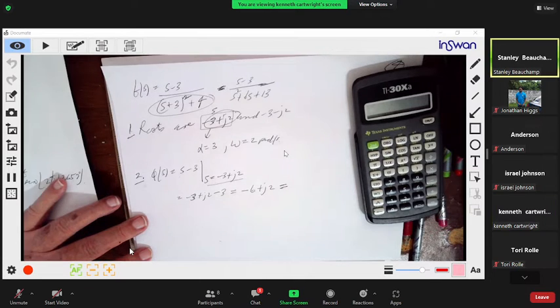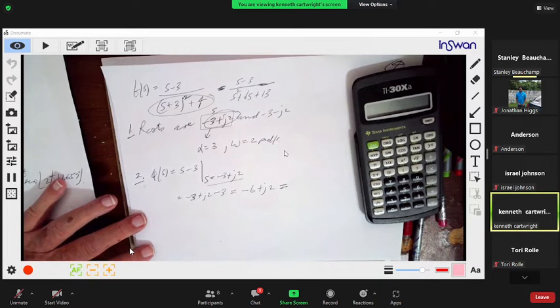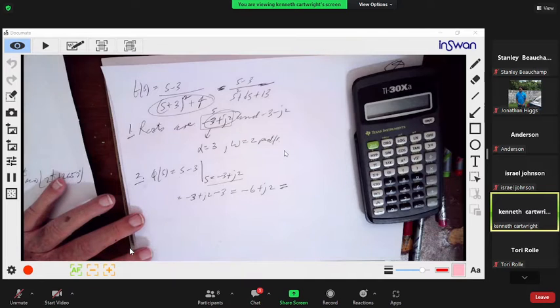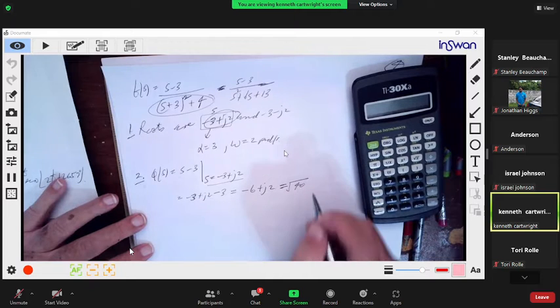That's the square root of 20. I get 2 square root of 10. In other words, square root of 40. This is square root of 40.